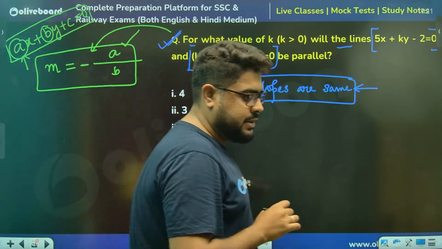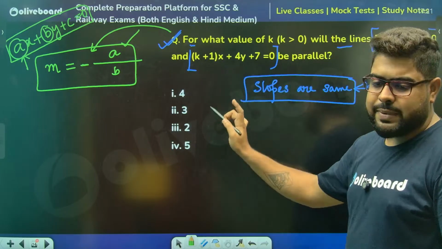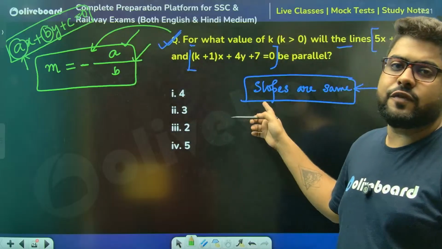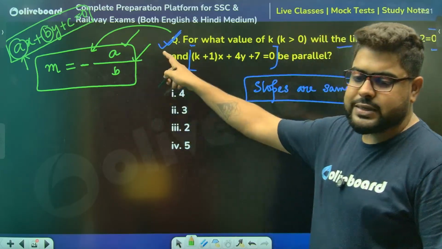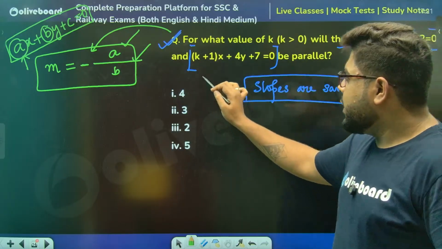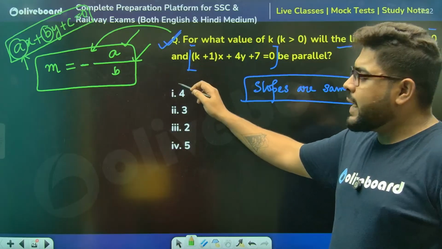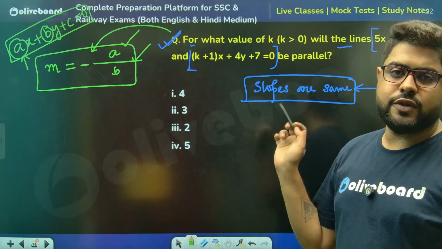Can you guys remember this much? Now, why does this happen? When you go for the slope intercept form, y equal to mx plus c, you get to understand this in a single line. It's not a very big deal. But again, if you want to remember this, this is how it works. Negative of the coefficient of x by the coefficient of y.